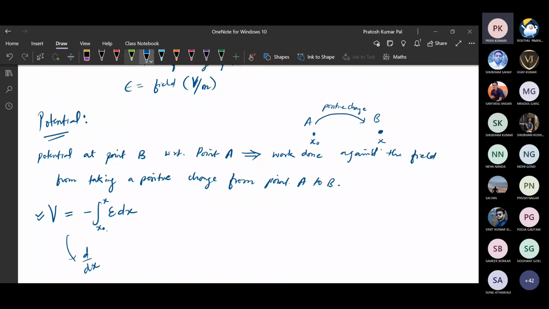First of all, we are moving from A to B. That means A will be at a lower potential and B will be at higher potential.